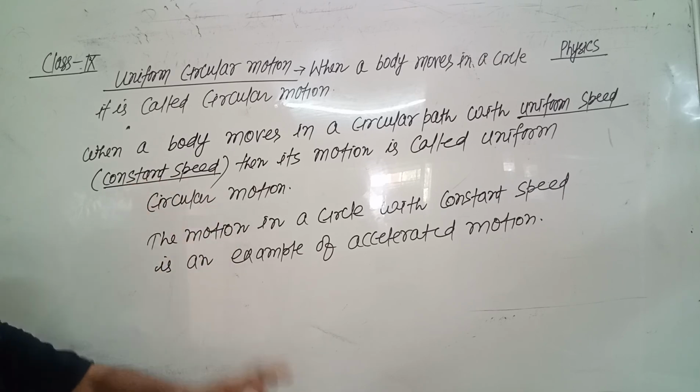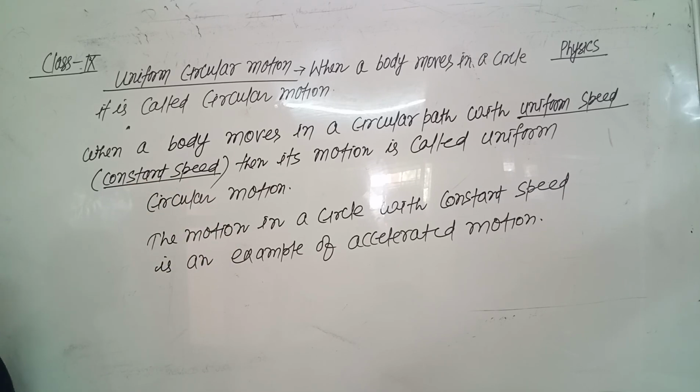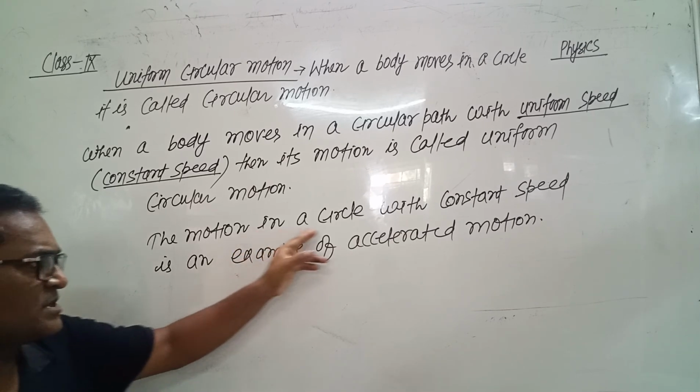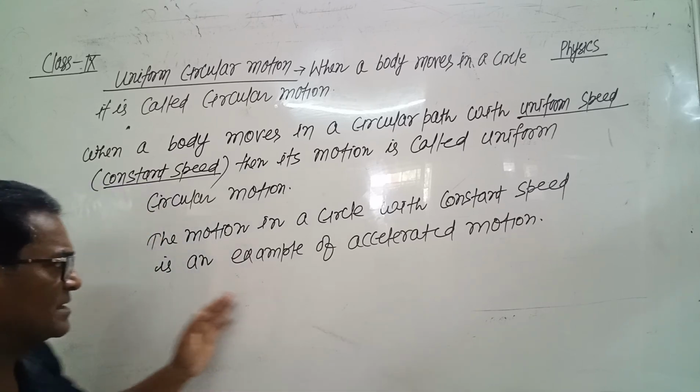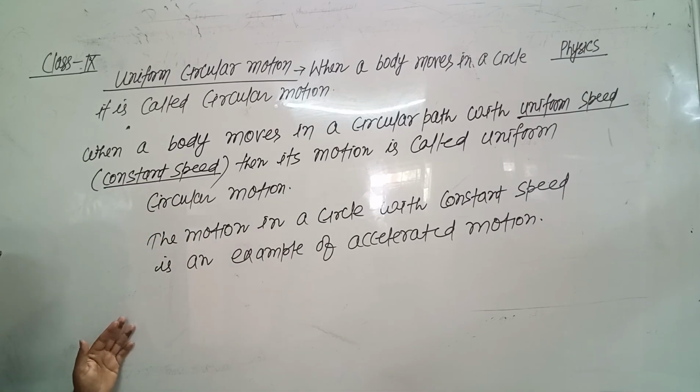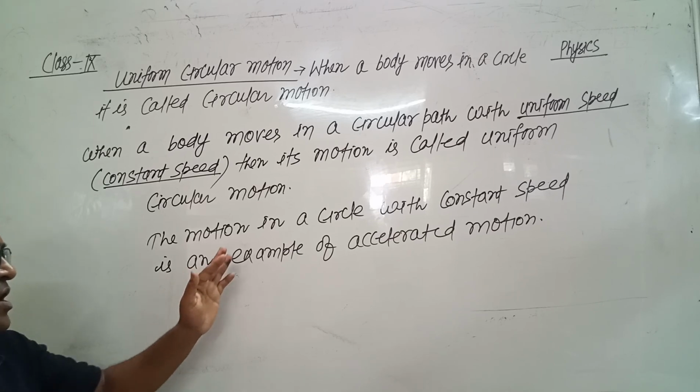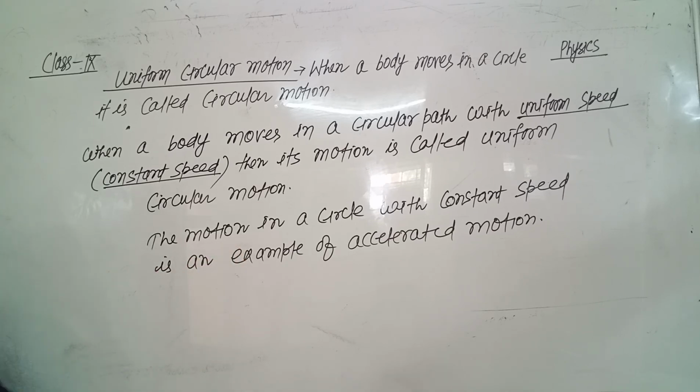Its direction of motion changes continuously, meaning velocity changes at every point. So the motion in a circle with a constant speed is an example of accelerated motion.